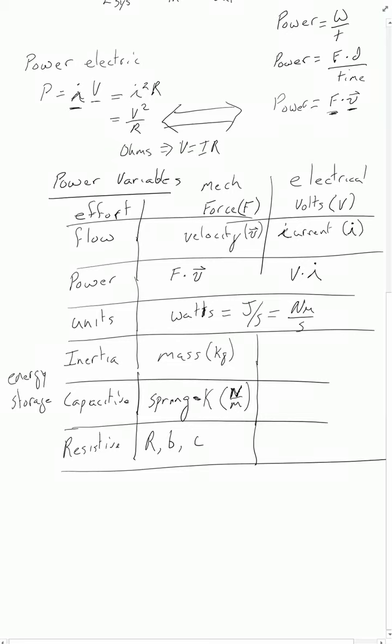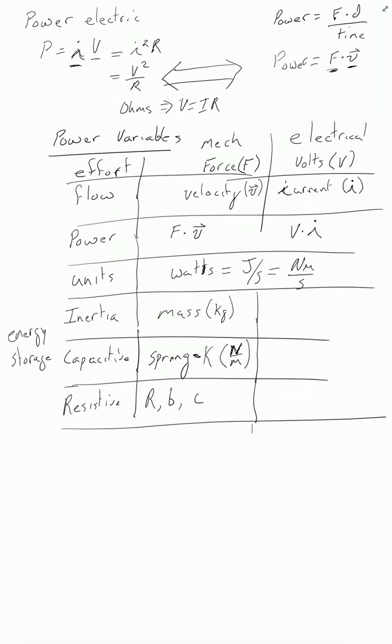Again, we'll come back and look at the inertia, capacitive, and resistive elements in the electrical domain in a second. But I'm going to show you a graphical tool to allow us to remember some of the relationships we see and make those connections between energy domains.